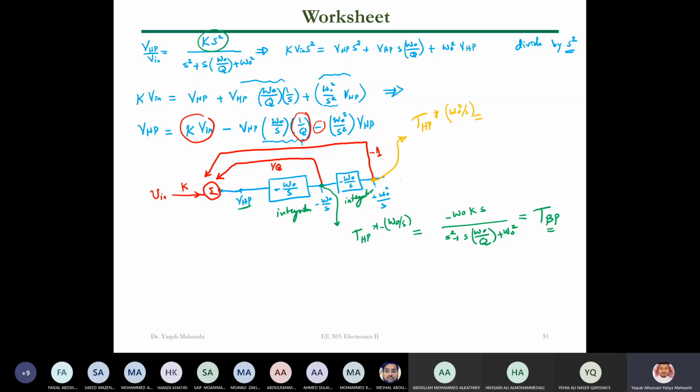So this one will be K S squared multiplied by the same term. This is what I get. This is K omega squared over S squared plus S omega over Q plus omega squared. Oh, excellent. What is this case? What is the filter here? Low pass. It is a low pass filter.